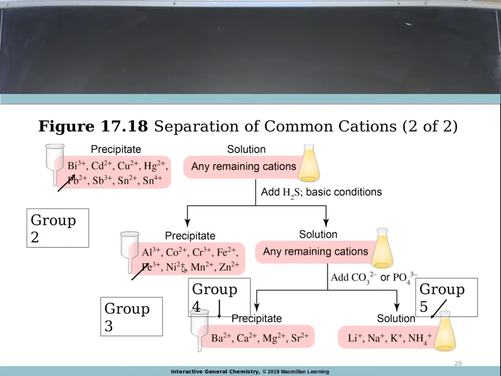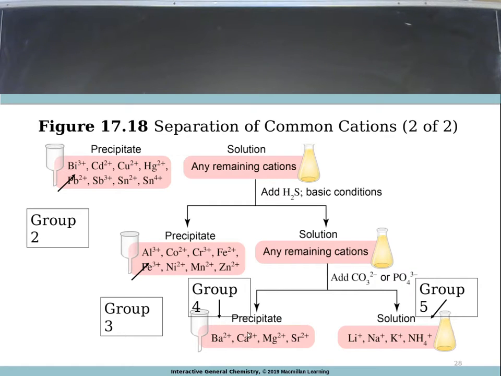If a precipitate forms, then you know you have one of these 8 metal cations. Filter it off, and then take the filtrate, and you can still do more. You can add carbonate or phosphate.